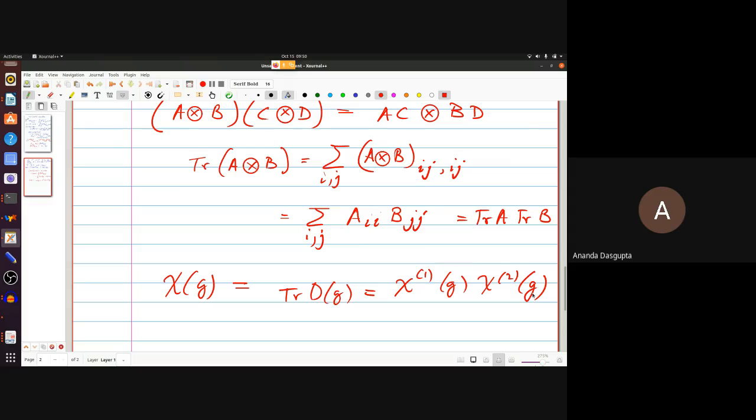So if you have any two representations and you want to form the direct product representation, you just find direct product matrices. Characters are even simpler. You just take the characters and multiply them. That's it.